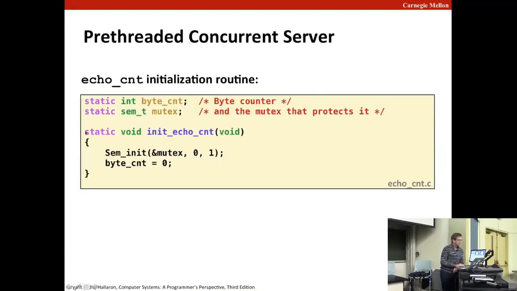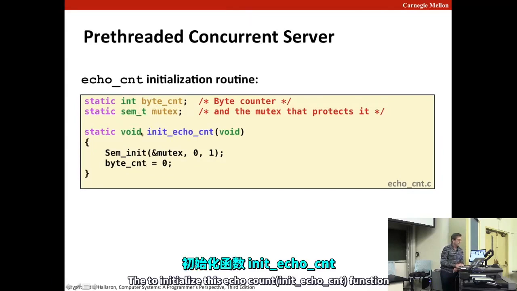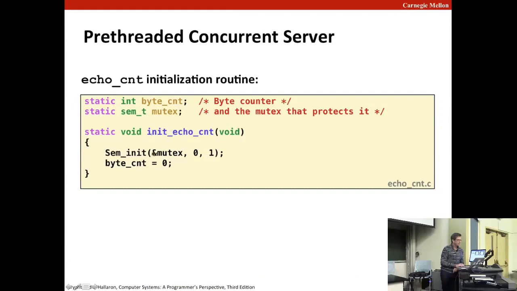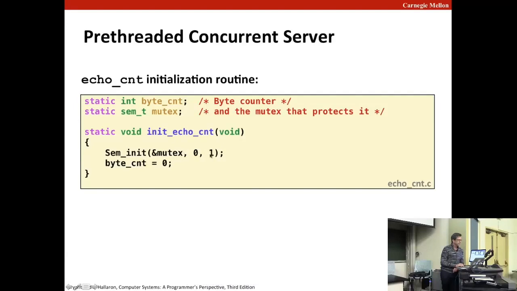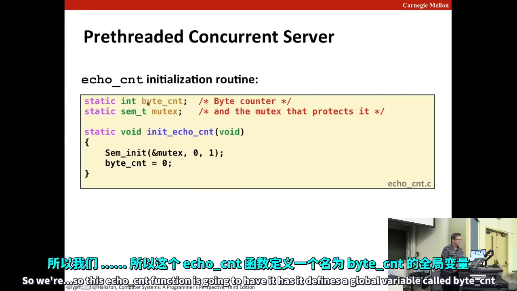Now, to initialize this echo count function, we need to initialize the mutex. This echo count function defines a global variable called byte count.